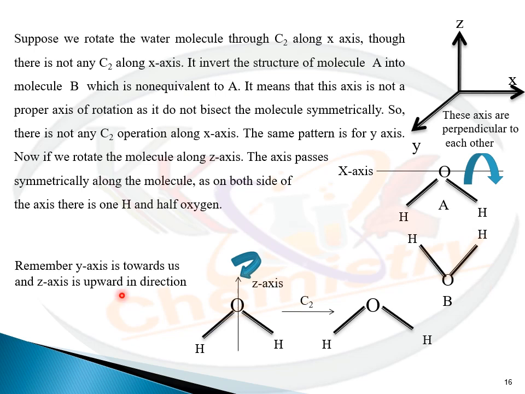Now, this y-axis is toward us, this x-axis is on the horizontal plane, and this is vertical. Now rotate the same molecule by C2 along the z-axis. You can see when you rotate this molecule, this hydrogen will come over here and this hydrogen will be shifted over here.